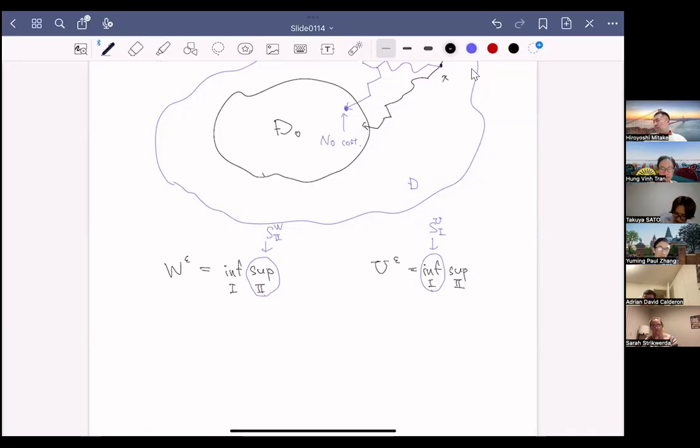Then this W epsilon is less than this, the value of S1 and S2, and this is less than U epsilon.